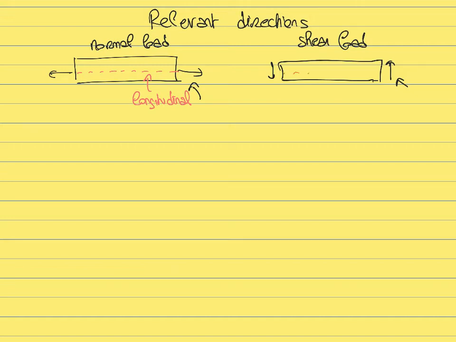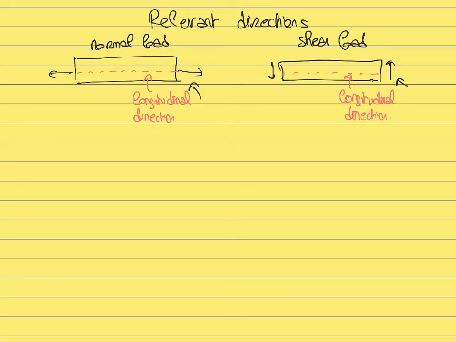In the case of a shear load, this is the same thing. This would be the longitudinal direction. In the case of a shear deformation, the load is orthogonal to the longitudinal direction of the beam. So that is the first relevant direction.